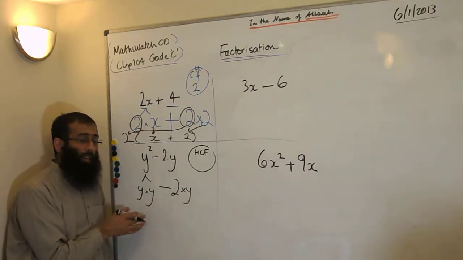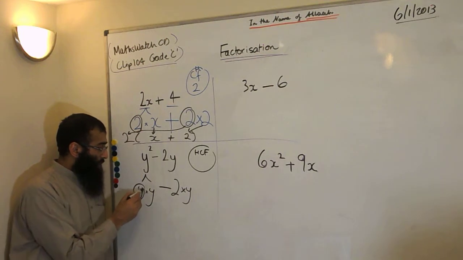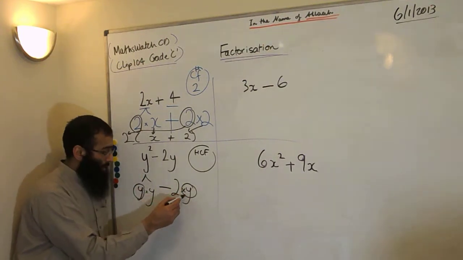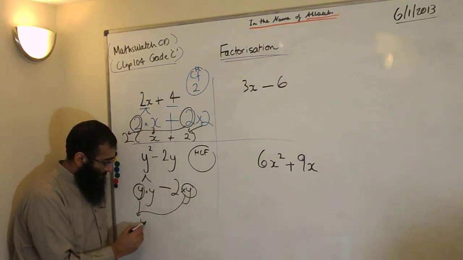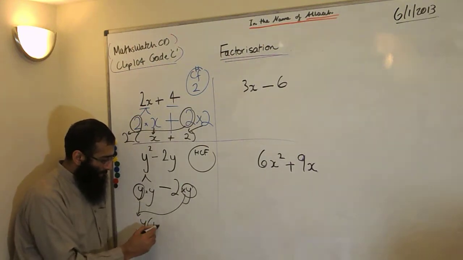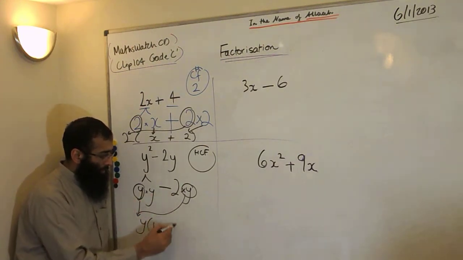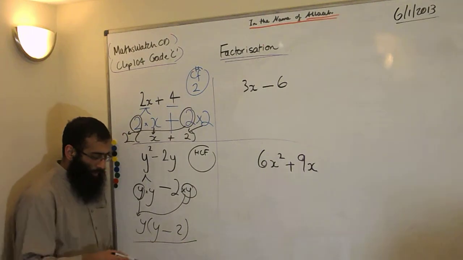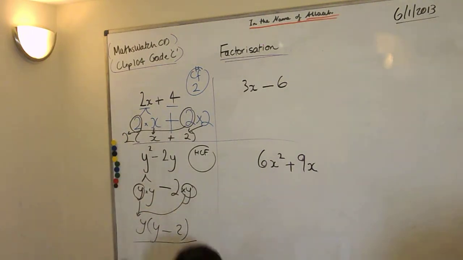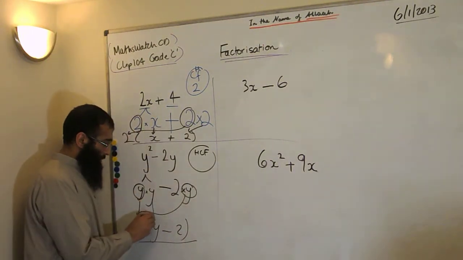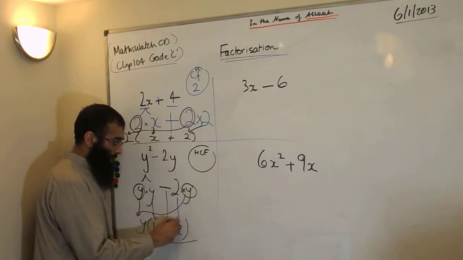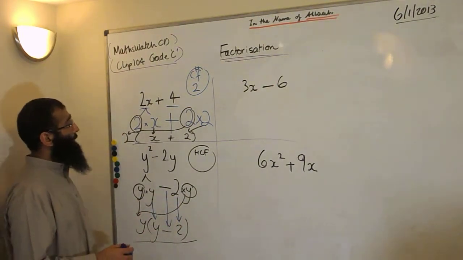So as we can see here, they both share a y as a common factor. So we pull that out and we're left with y minus 2. So what we're doing here is we're copying down the elements, y minus 2, into the brackets.